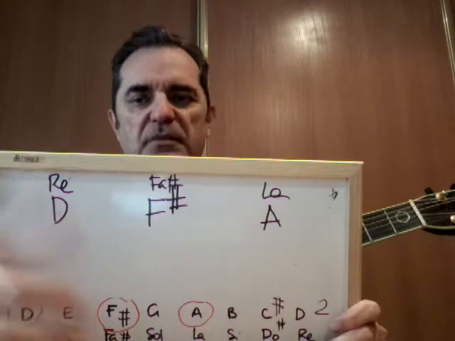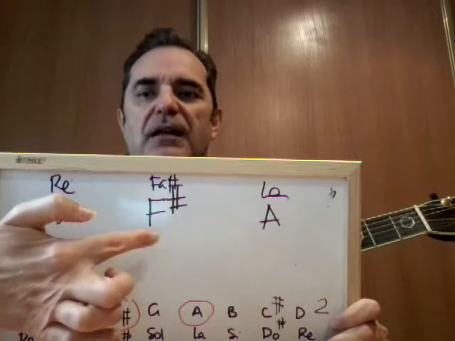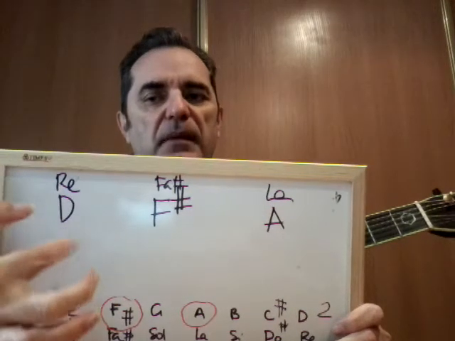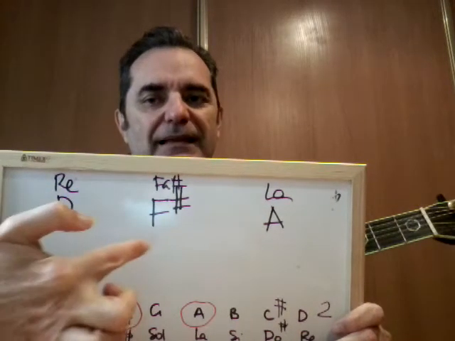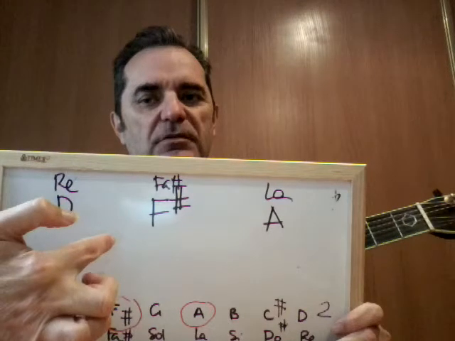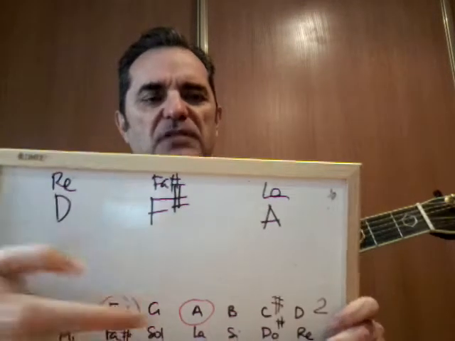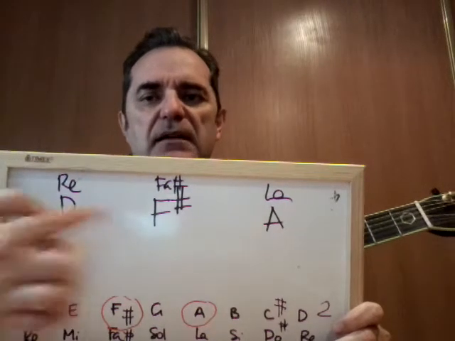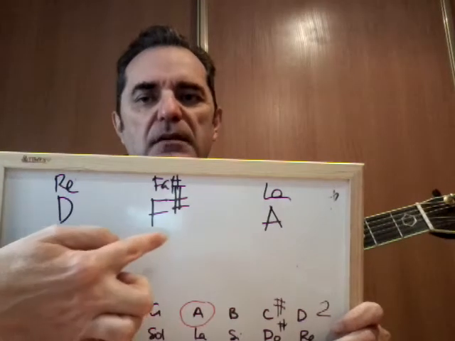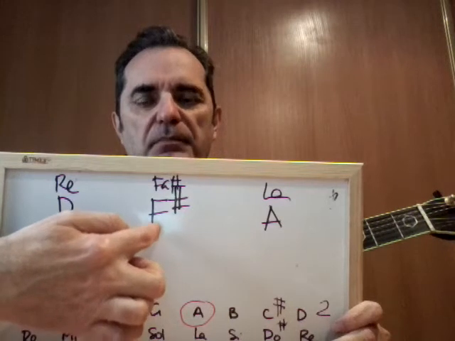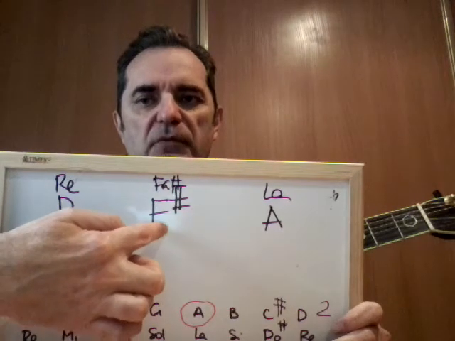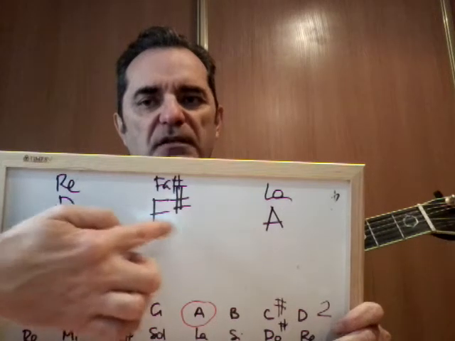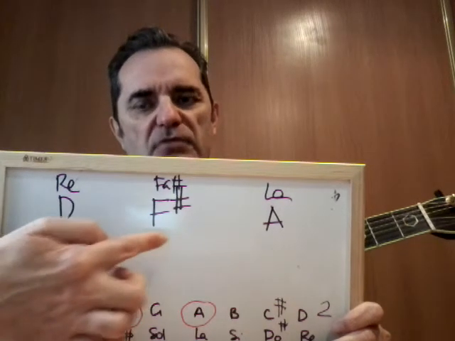So now we're going to do something that is the first time that we're going to do. Vamos a hacer una cosa que es la primera vez que la vamos a hacer, y es esta nota la vamos a rebajar. Bueno, pues cuando un acorde tiene la primera, la tercera y la quinta, y la tercera la rebajamos un semitono, a ese acorde lo vamos a llamar acorde menor. So if we have here D, F sharp and A, and if instead of this note F sharp, I put F, so one step lower, right?